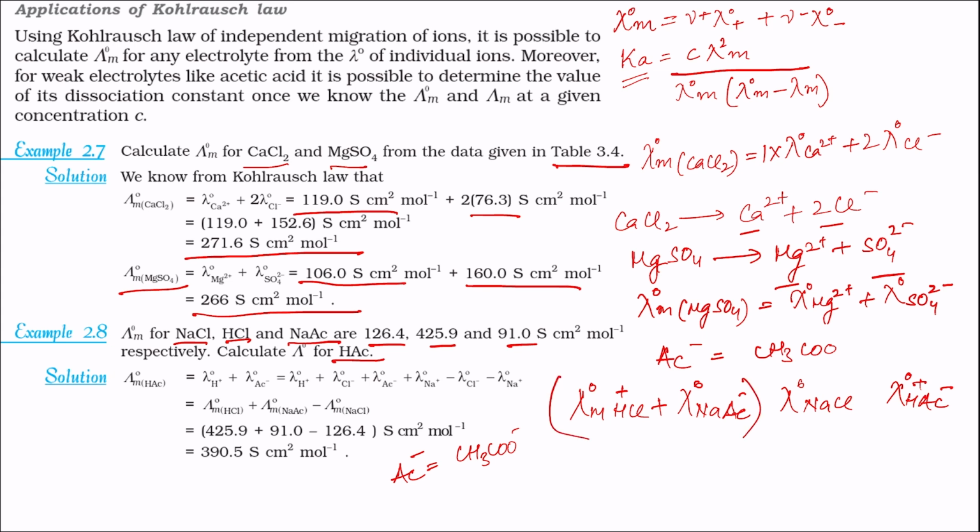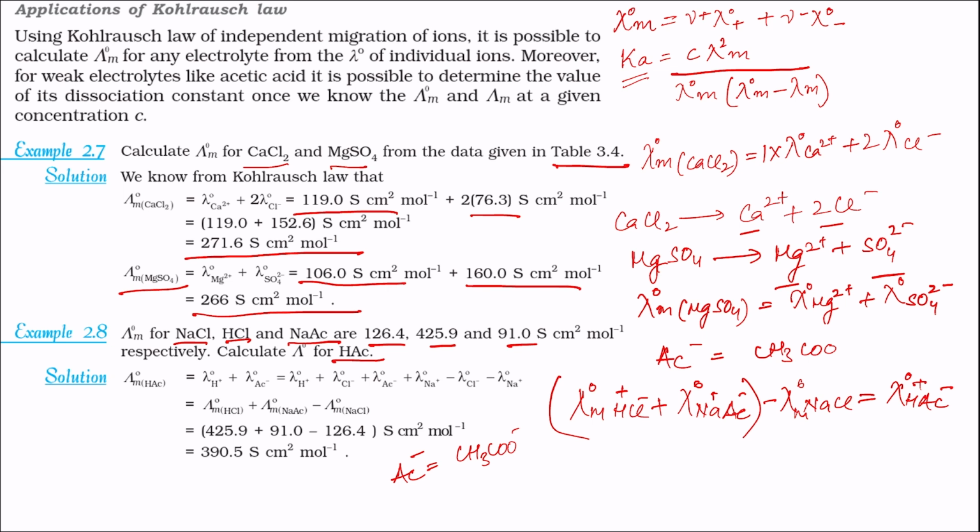On adding this value, we add the lambda naught value of H plus and acetate ion, but lambda naught value of Na plus and Cl minus ion are also getting added while adding these values. So you need to subtract the lambda naught value of NaCl from this sum. Lambda naught value of Na plus and Cl minus ion is not needed. So just subtract the lambda naught value of NaCl from this sum and you get the lambda naught value for acetic acid.